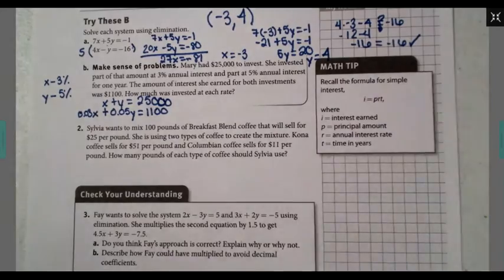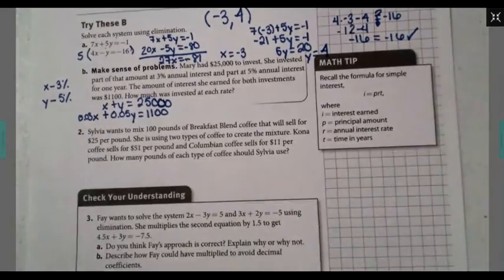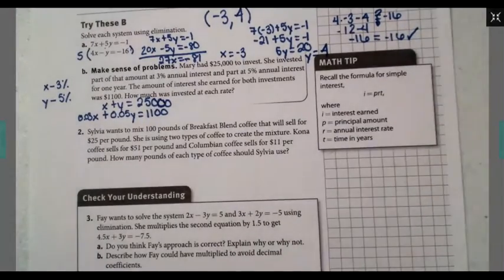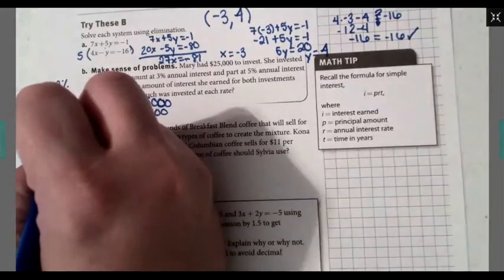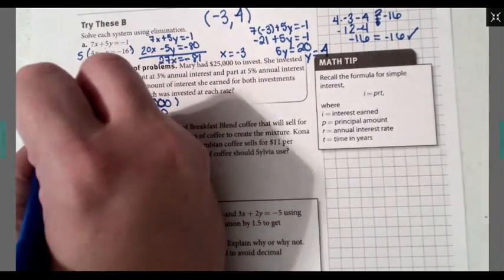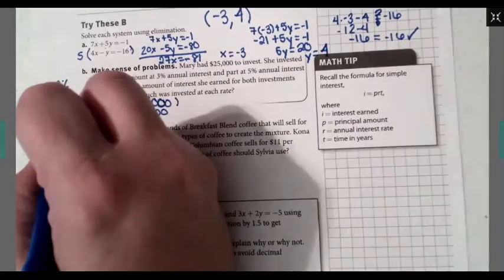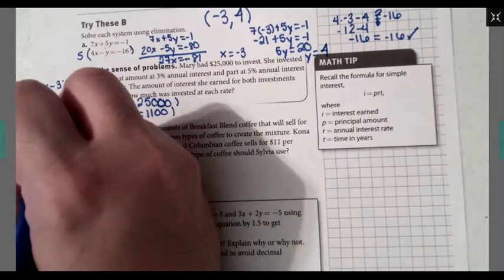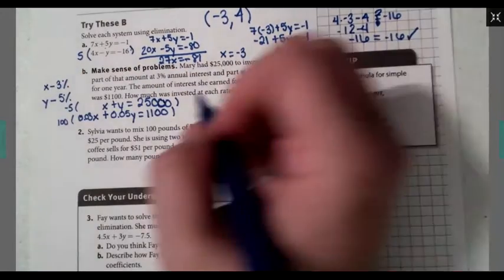Next, what we're going to do is we need to get our coefficients to be the same. So I'm going to take this top equation and I'm going to multiply everything through by -5. And the bottom equation, I'm going to multiply everything through by 100.